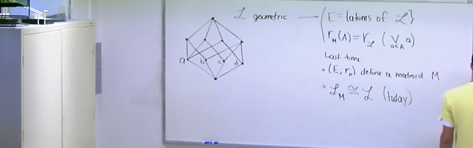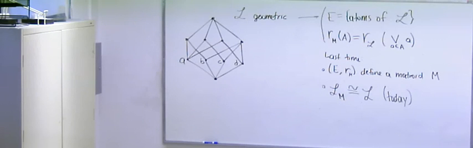And then the second thing is that phi respects order. And what that means is that if you start with an x less than y in your lattice, then phi of x and phi of y are also comparable in the lattice of flats, and vice versa.